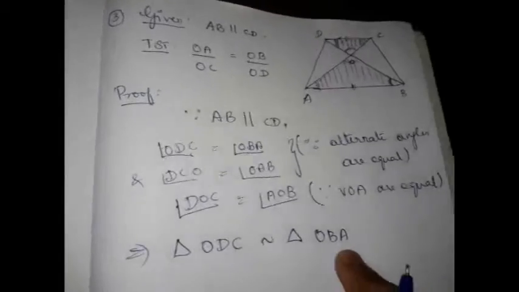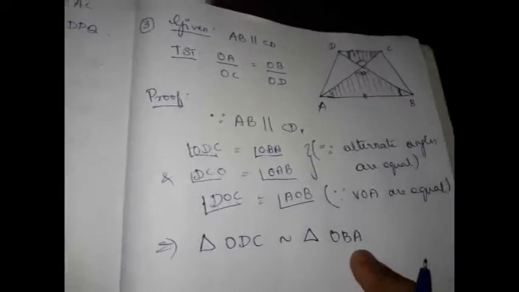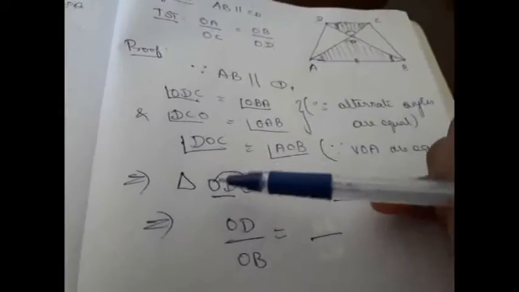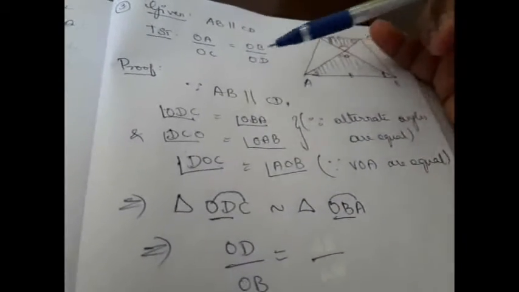Right? So the corresponding sides will be in proportion. What ratio will we take now? We need the relation between OA, OB, OC and OD. If we take OD from triangle ODC, OD corresponds to which side in this triangle? OB, right? OD of this triangle corresponds to OB of this triangle.